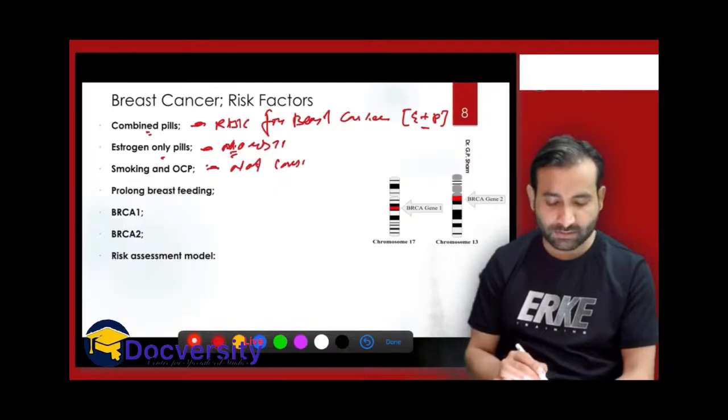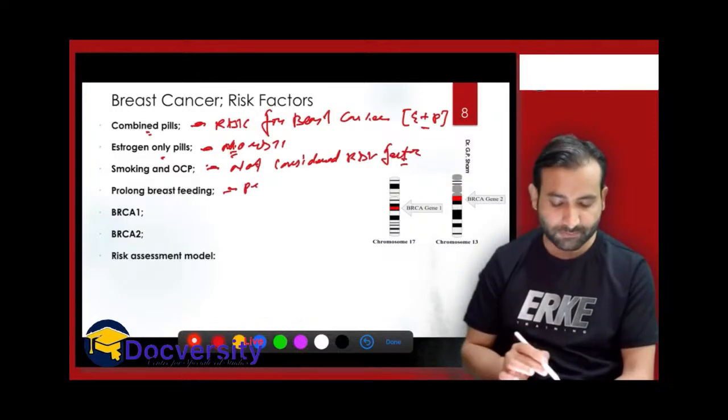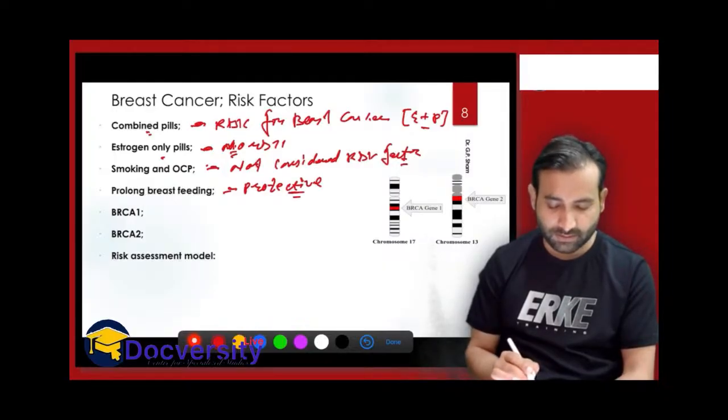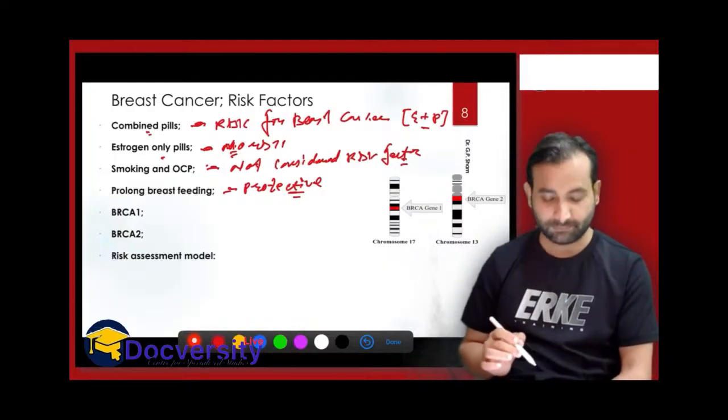Smoking and OCP are not considered risk factors. Okay, so please remember this one. And prolonged breastfeeding is considered protective for breast cancer, right? So it is better to feed the baby.